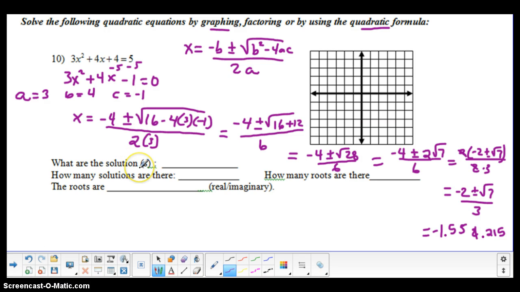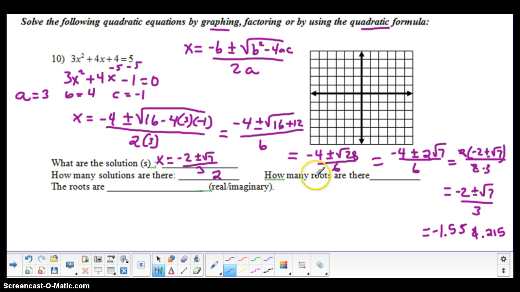Okay, so there's some questions here that we need to make sure we understand. So the solutions are negative 1.55 and 0.215, but again, they might be shown in the radical form, so a lot of times they'll combine that: x equals negative 2 plus or minus the square root of 7 over 3. And they could separate them as well. So there is 2 solutions.